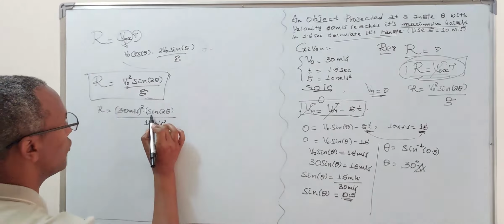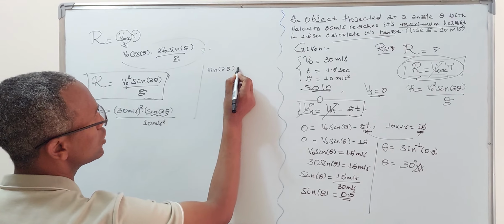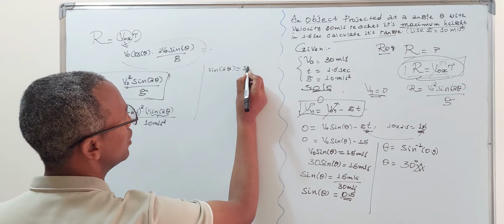First, you can calculate this part. Sine 2 theta is equal to sine of 2 times 30 degrees, which is equal to sine 60 degrees.